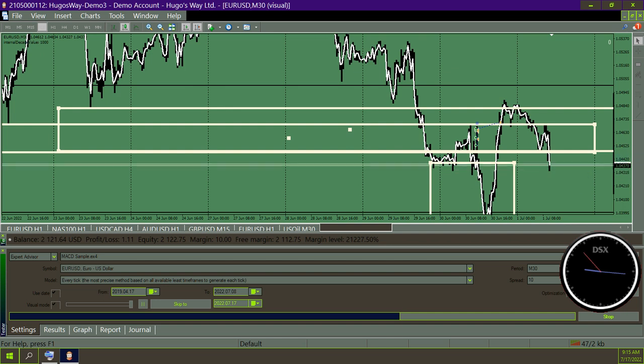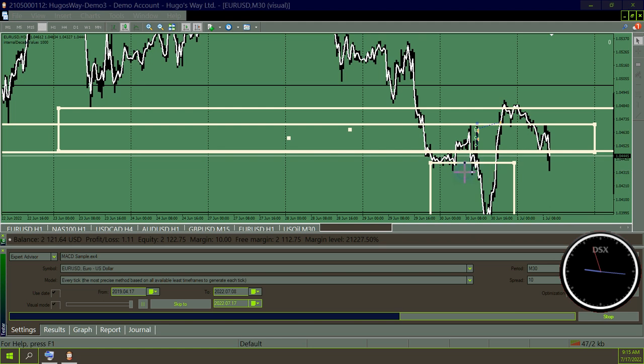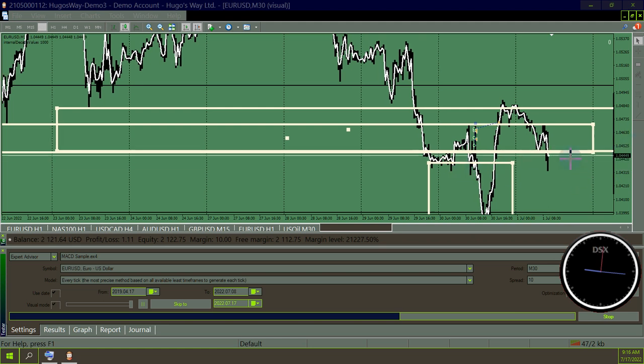Smacking on this box again. So now we got to redraw our boxes. Start over. Redraw it. Oh, gotta get out of my draw mode there.